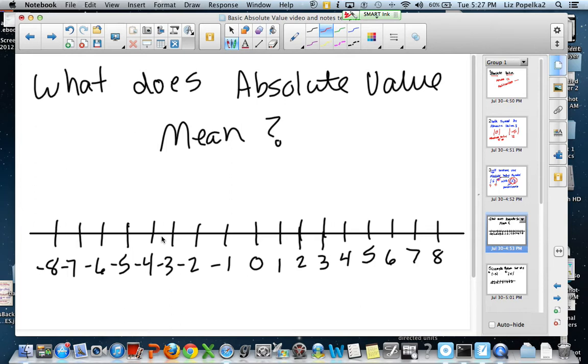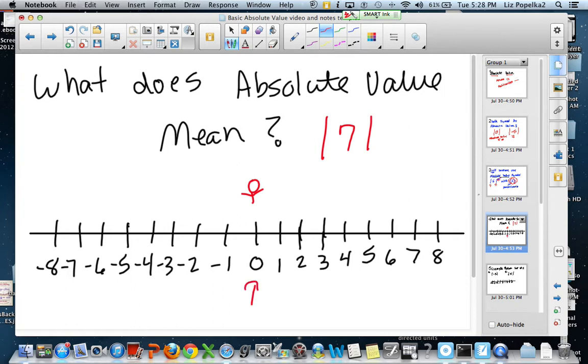Now let's talk about what it actually means. What it means is that if you were going to go for a walk on the number line, what is the distance between that number and 0? So for example, the absolute value of 7 means if you've got a little person right here and he's going for a walk on the number line, he always starts at 0. We know that 0 is always where we start.